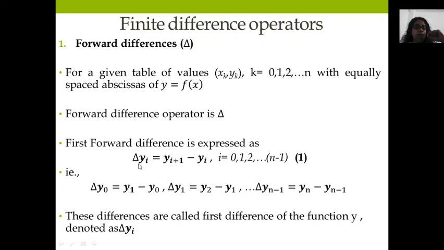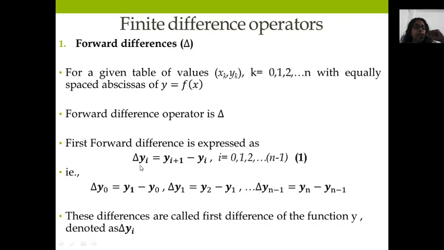So delta yi equal to yi plus 1 minus yi, where i equal to 0, 1, etc. up to n minus 1. This expression is very, very important. You have to learn the expressions of each finite difference operators. Now it's forward difference.